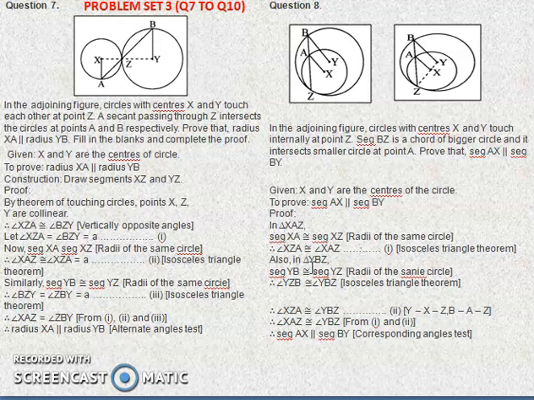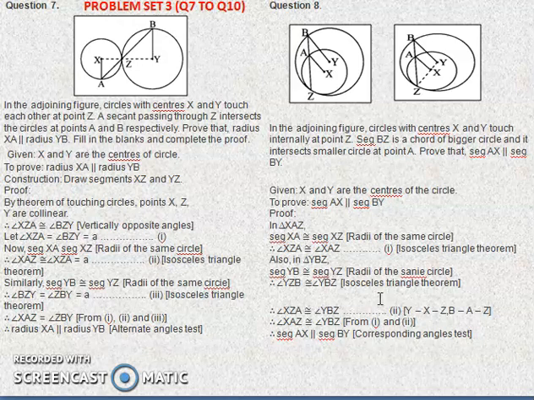In the same way in triangle YBZ, here also YB and YZ are radii of the same circle. Again you will apply the isosceles triangle theorem and angle YZB is congruent to angle YBZ.